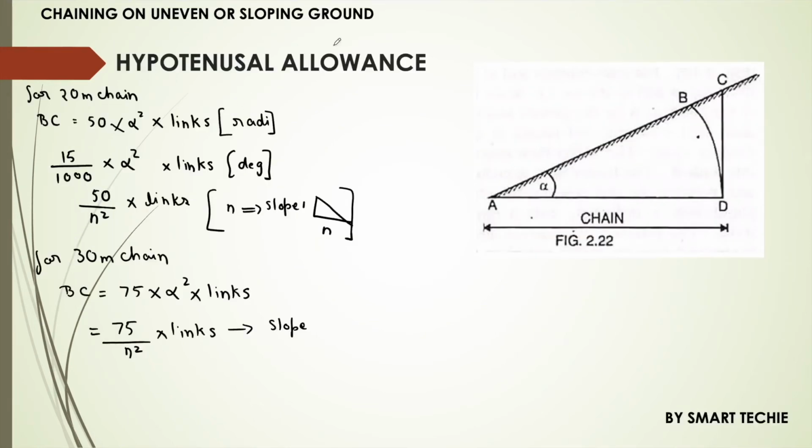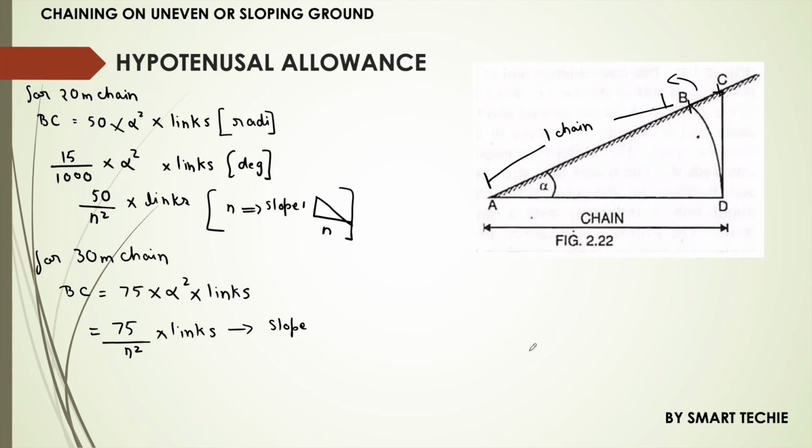Next is hypotenusal allowance. In this, consider a triangle. The horizontal distance is 1 chain length, but when we check the sloping distance, it is 1 chain length plus this distance. So this distance BC is nothing but the hypotenusal allowance.